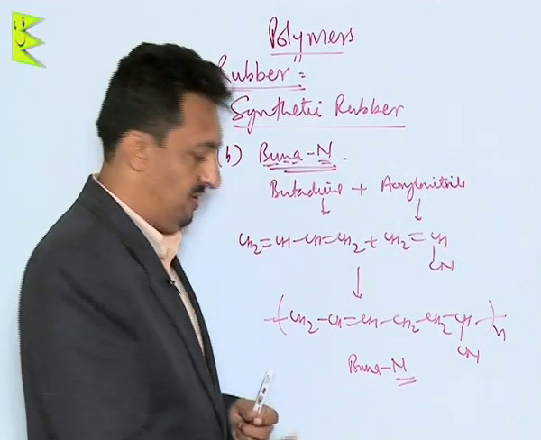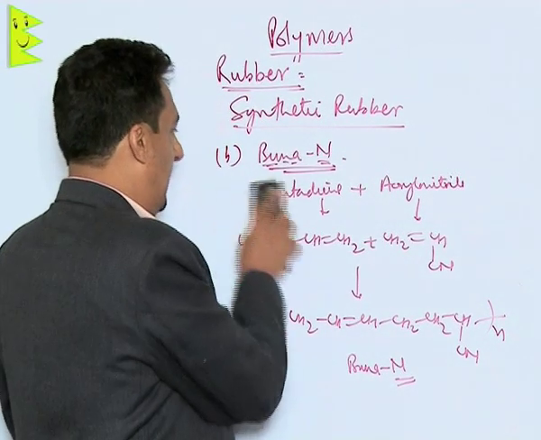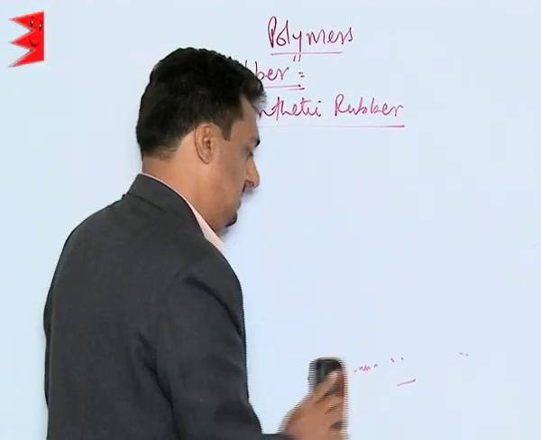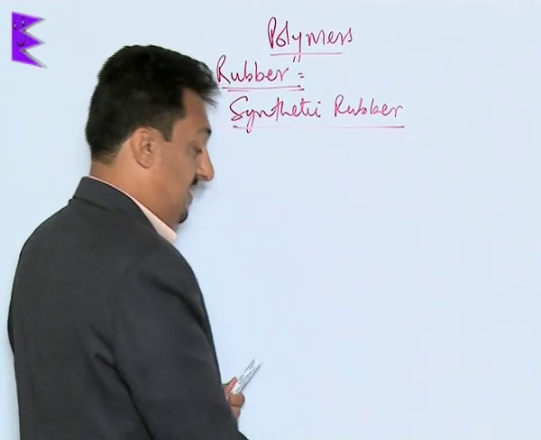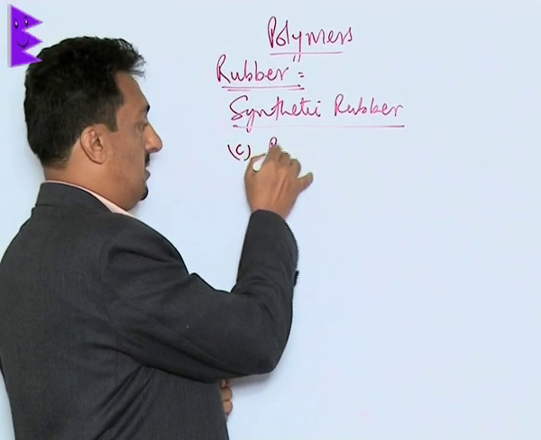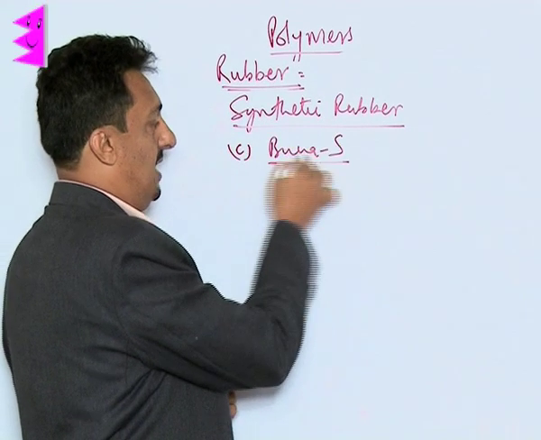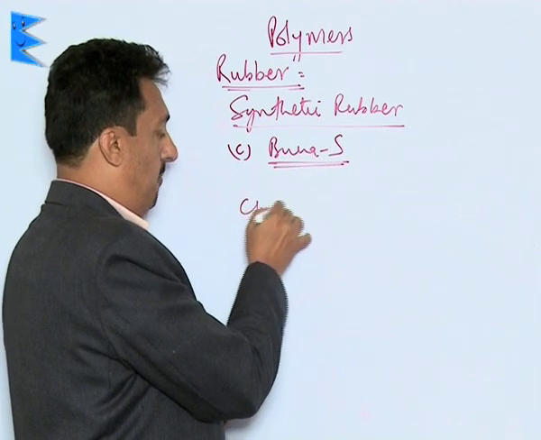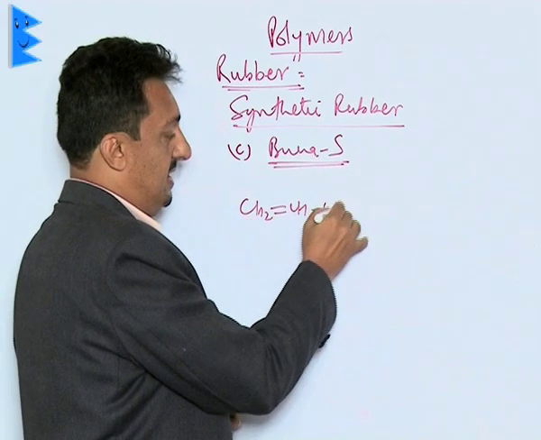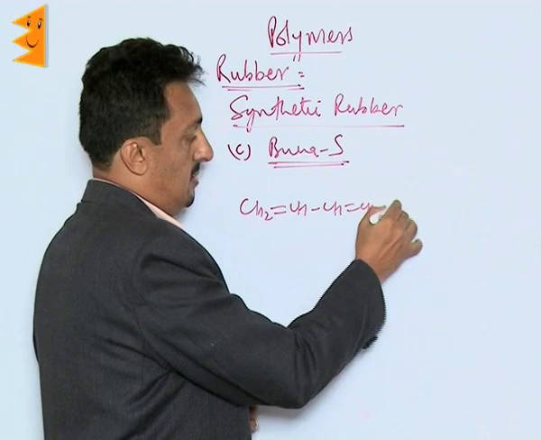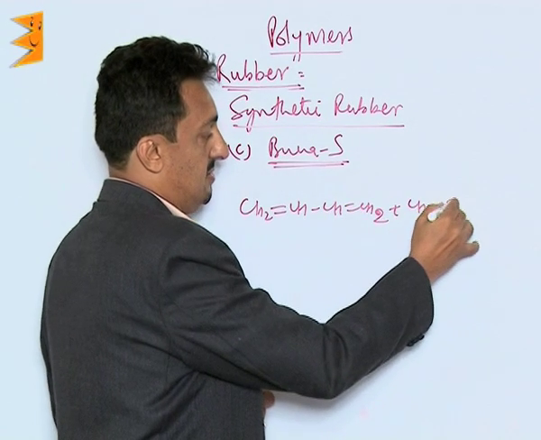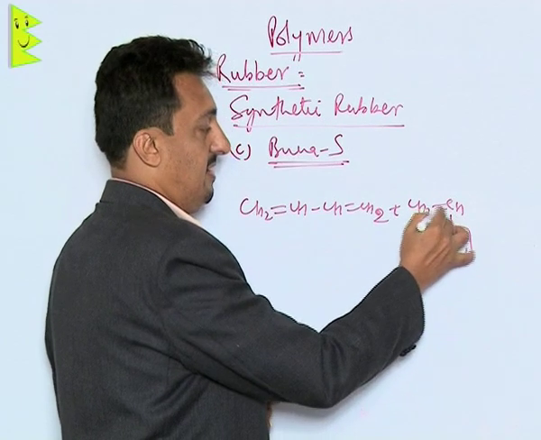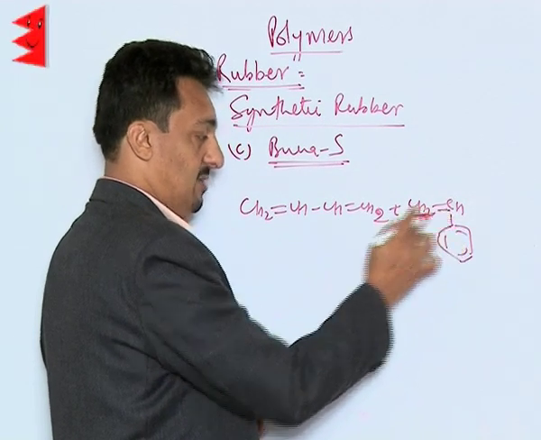which has a lot of applications in the petroleum industry. Then we have another very similar type of synthetic rubber which is called Buna-S. S means styrene here. It's a copolymer between butadiene and styrene, which has a benzene ring attached to the vinyl group.